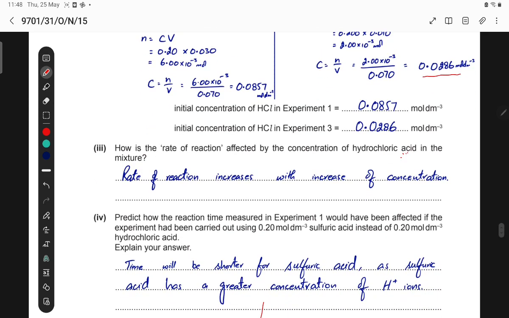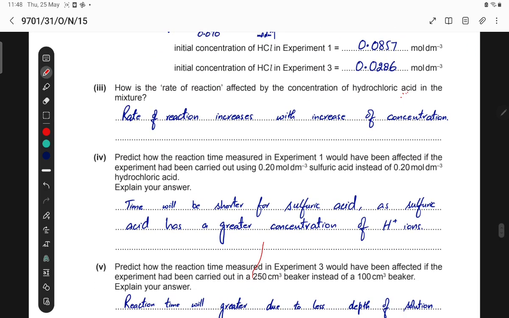How is the rate of reaction affected by the concentration of hydrochloric acid in the mixture? Rate of reaction increases with increase of concentration as the particles become crowded and have more frequent collisions per unit time. Predict how the reaction time measured in experiment 1 would have been affected if the experiment had been carried out using 0.20 mole per dm cube sulfuric acid instead of 0.20 mole per dm cube HCl.